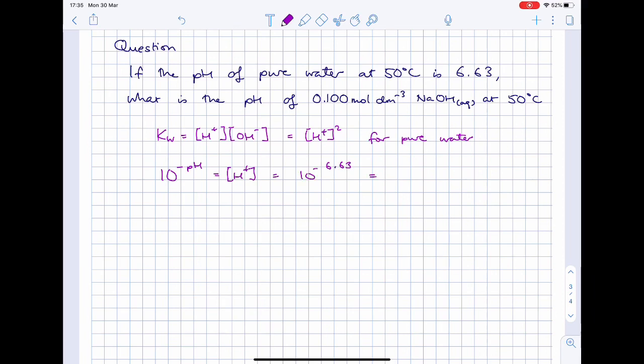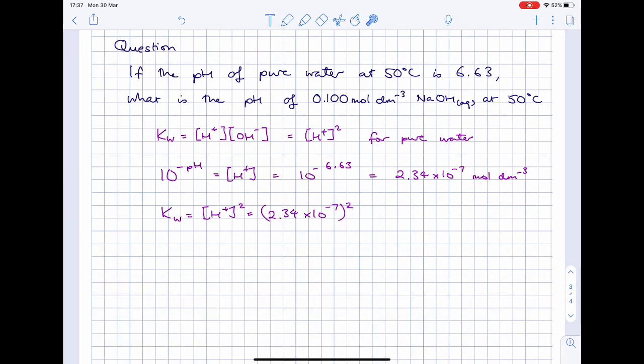If we use a calculator to do that, it works out to be 2.34 times 10 to the minus 7 mol per dm cubed. We then substitute this value into the Kw expression as H+ concentration squared. So this gives us a value of Kw.